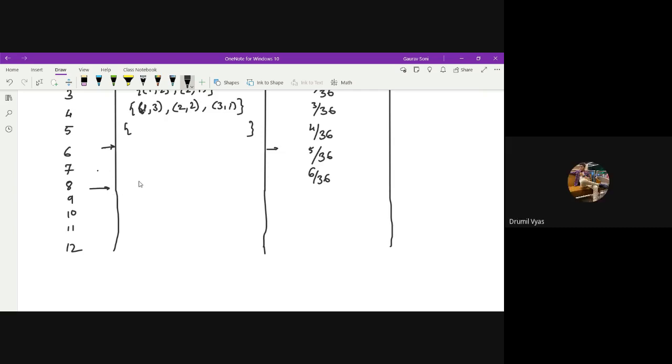So 7 by 36. Tell me the sample points. I mean, you must have found the sample points, right? And depending on that, you're telling me the probability. Tell me the sample points by which you have got this probability.